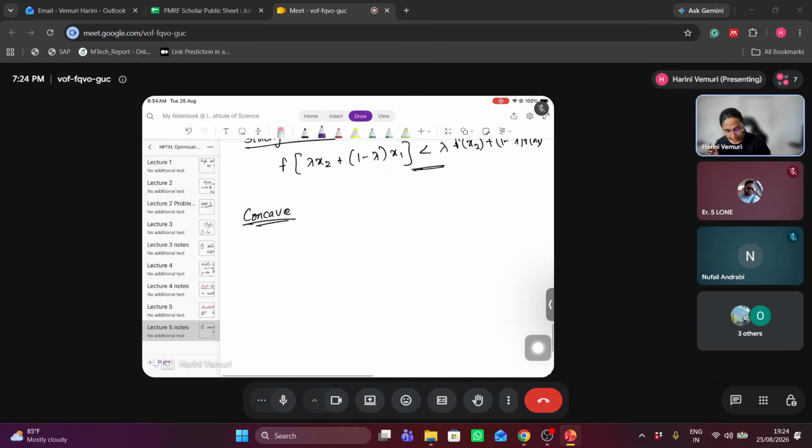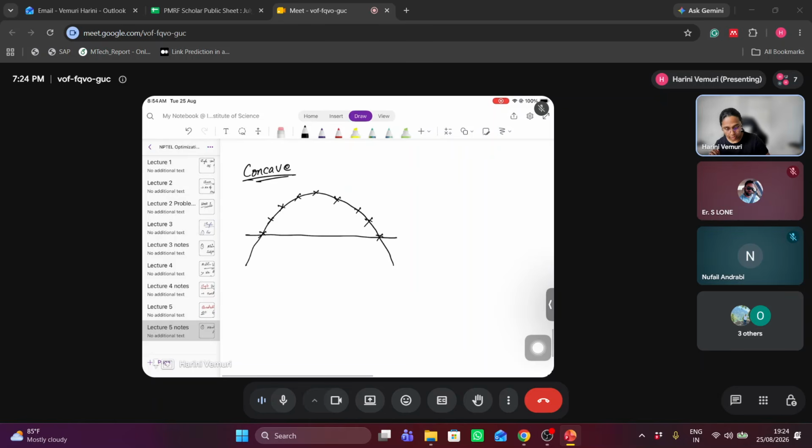In the case of a concave function, the line joining the 2 points will always lie below the points on the concave function. So if this is x and y, the values on the concave function are always higher than the values lying on the line joining a and b, or x1 and x2.